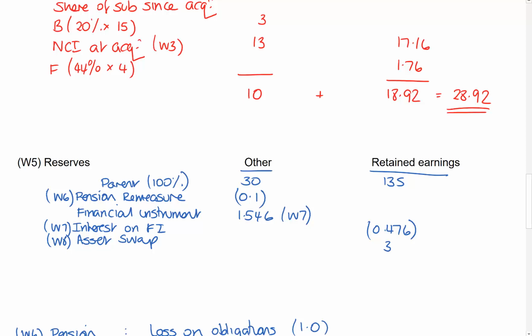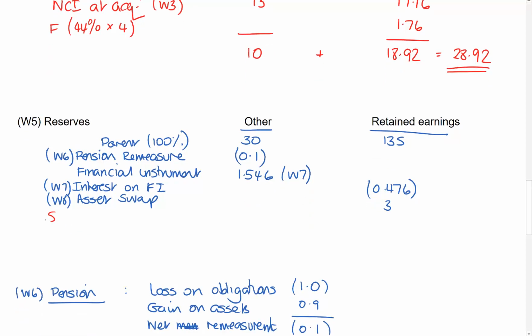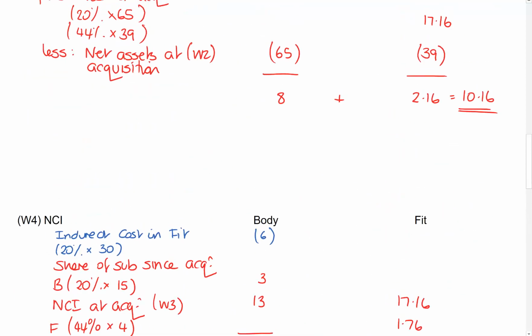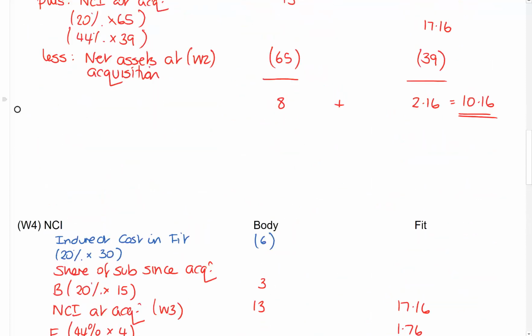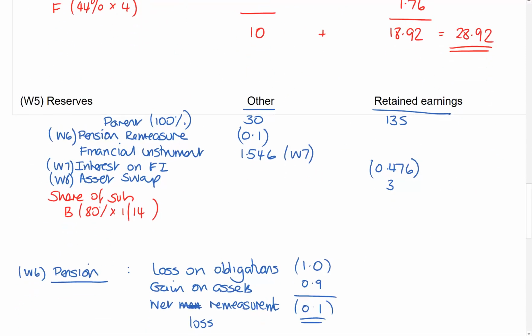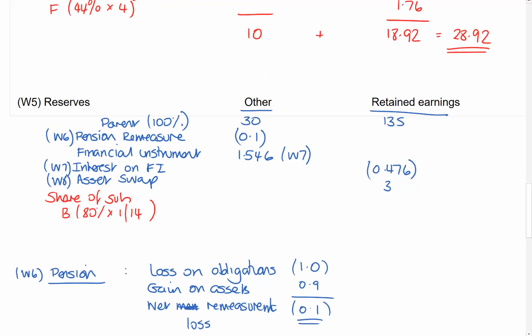What is outstanding is group reserves. We say for the group, share of subsidiary. For body, it is 80%. But I need to split those figures. Other reserves increased by 1, and retained earnings increased by 14.